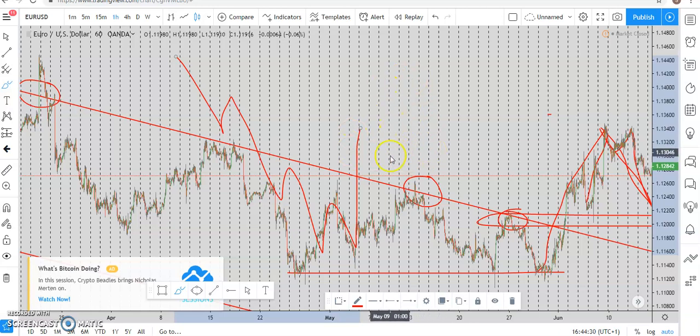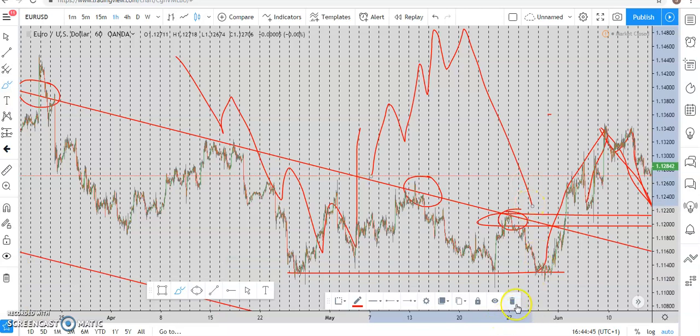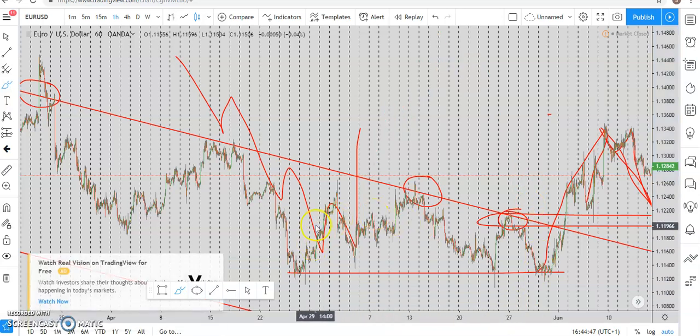The same way when price is moving upwards and you expect a reversal, you must see a double top before price reverses. Price will never reverse without these two.